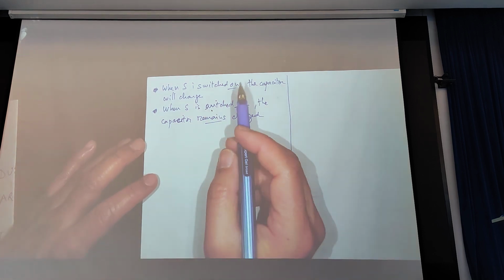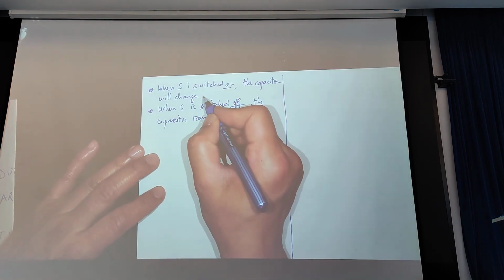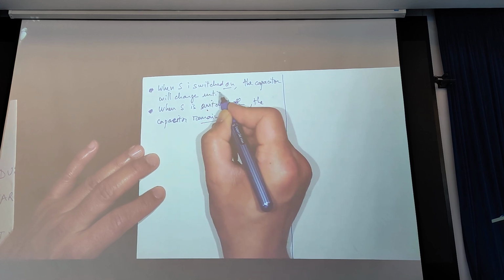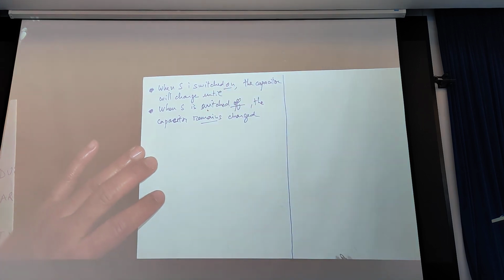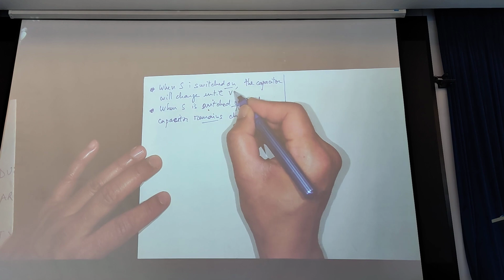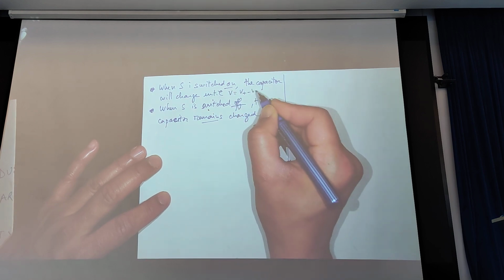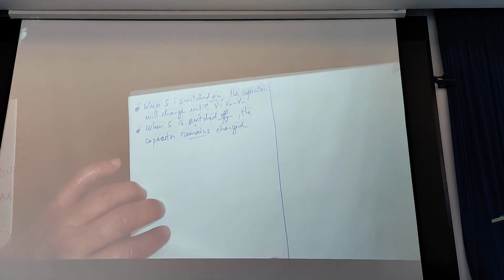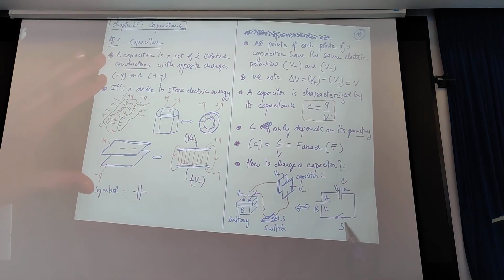Of course, the capacitor will charge until V equal. Here, when you switch on the switch, of course, the two plates, the conductors of the capacitor, will have the same potential as the battery.